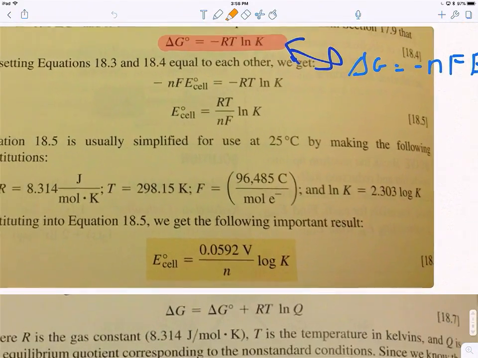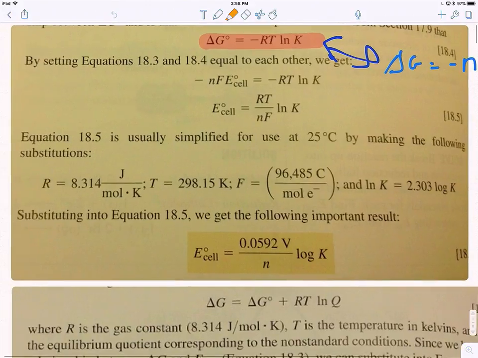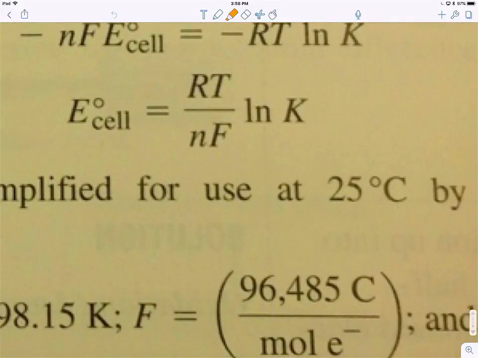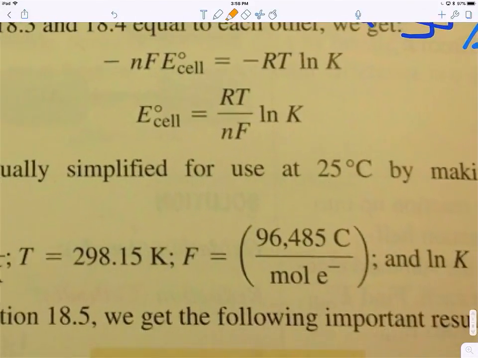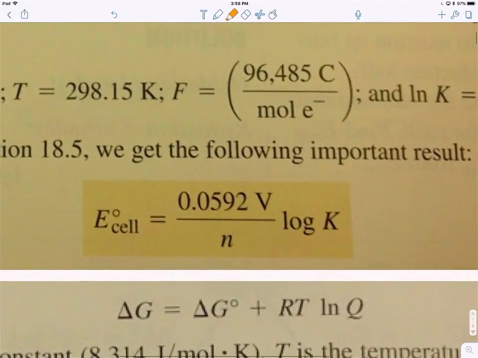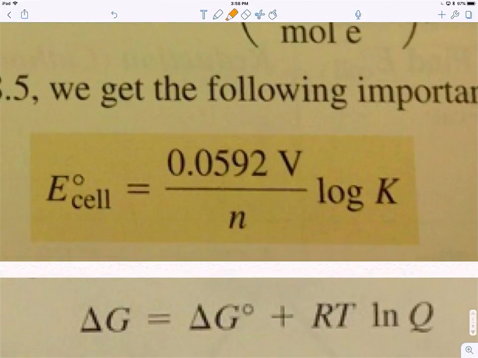So at 25 degrees Celsius, which is 298 Kelvin, using Faraday's constant and R equal to 8.314, and converting to log base 10, you can convert this formula to this one here.